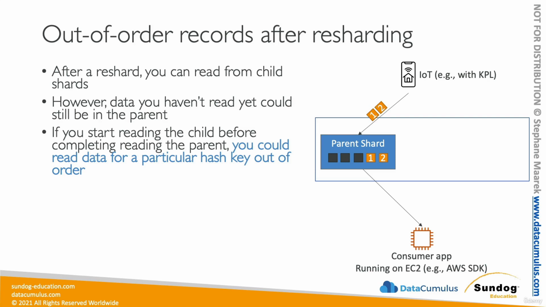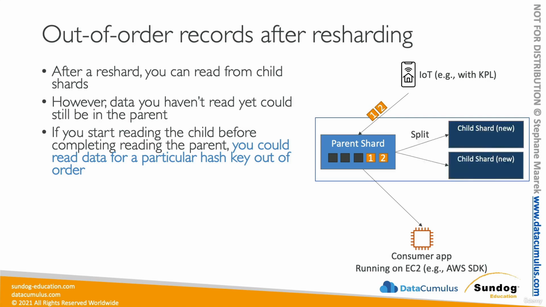Then we start a shard splitting operation. From this parent shard, we're going to have 2 new child shards. Once the split is over, the IoT device is going to start producing to the new child shards because the parent shard will be closed for writes. That means that data points 3 and 4 are going to end up on the child shard.